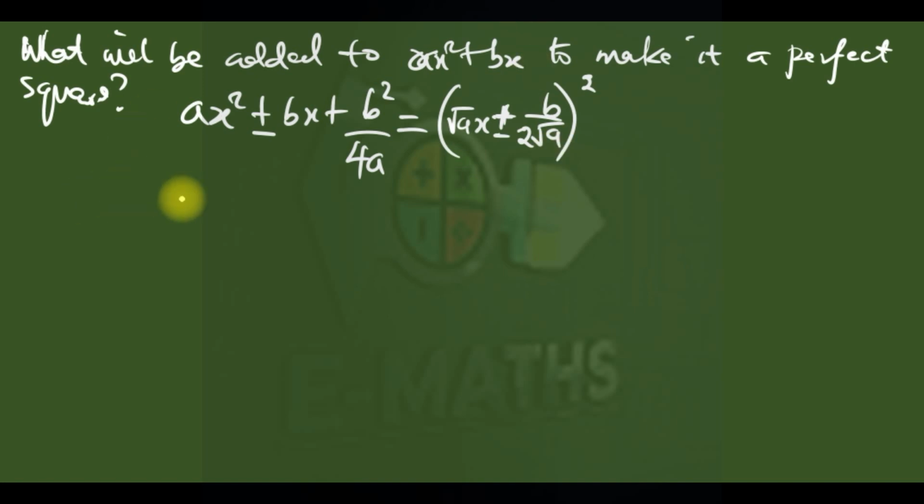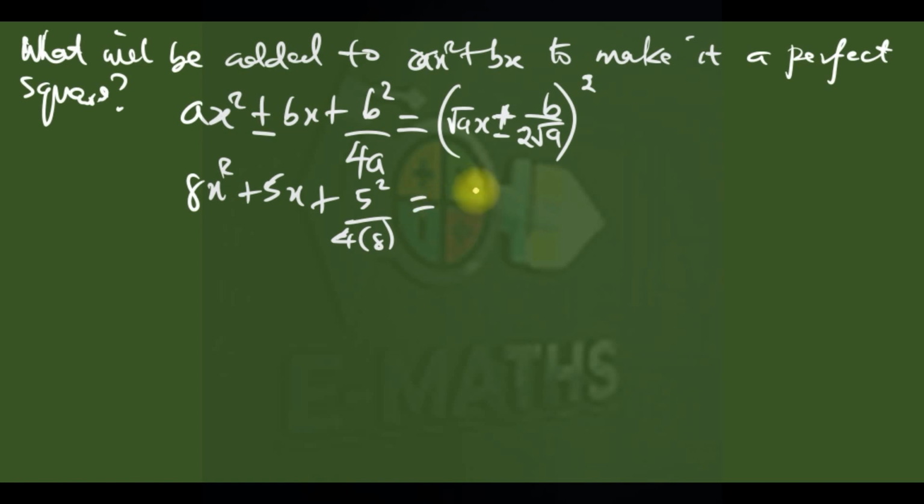So for example, if you have 8x squared plus 5x, if we want to make this a perfect square, we'll add 5 squared over 4 times 8 to make it a perfect square.